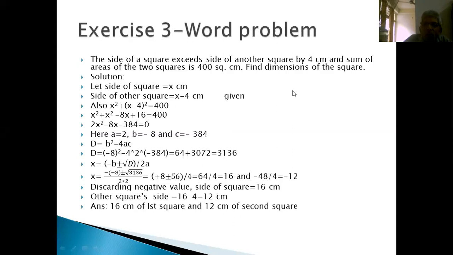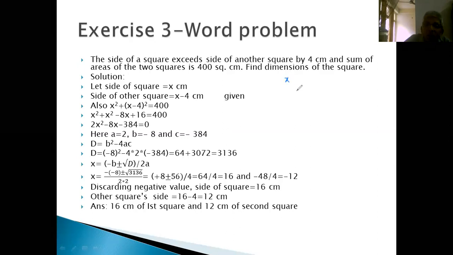So first of all, we have to make an equation. How do we do that? Let the side of one square be x centimeter. Now it exceeds the side of another square by 4 centimeters, so the side of the other square would be x minus 4 centimeters. Now they say the sum of their squares is 400 square centimeters.